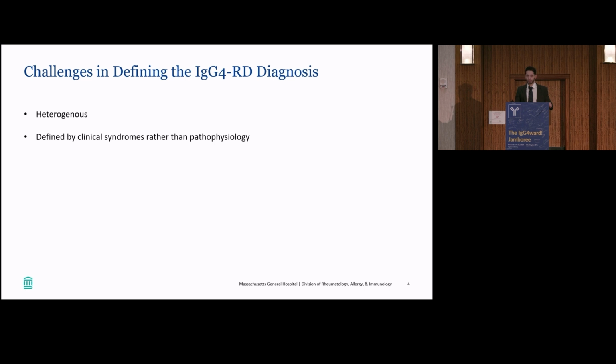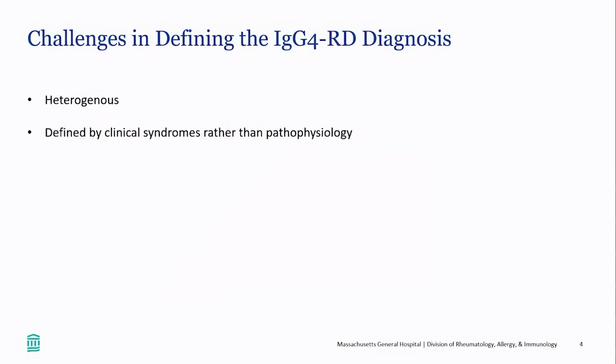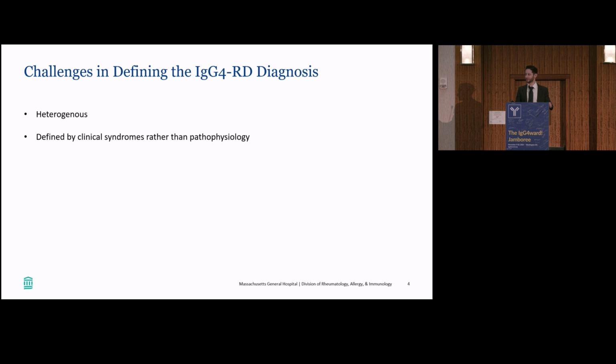We define it really based on clinical syndromes rather than the underlying pathophysiology. And that's very different from how we define some of the other diseases I mentioned in the previous slide. And that's partially because the underlying pathophysiology differs from patient to patient, as Dr. Perugino was describing yesterday, and because we don't have an easy blood test that we can say, exactly what everyone's immune system is doing.